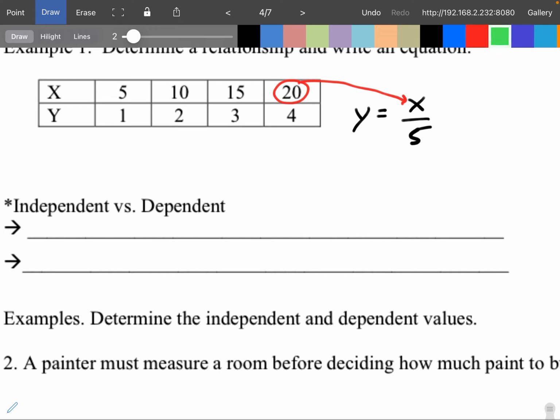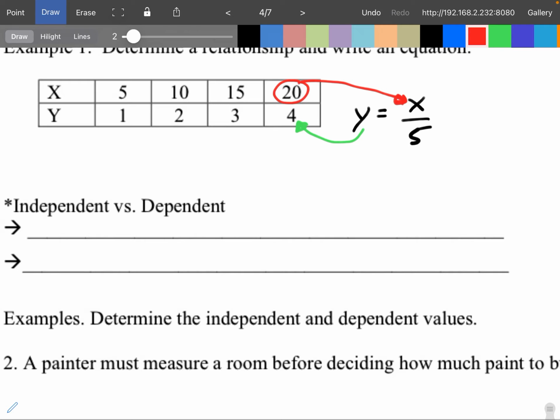Do you guys see that that'll work? In other words, if you take this x and plug it in right here, what do you get? 4. Yeah, 20 divided by 5 is 4. That's why you get a y value of 4.